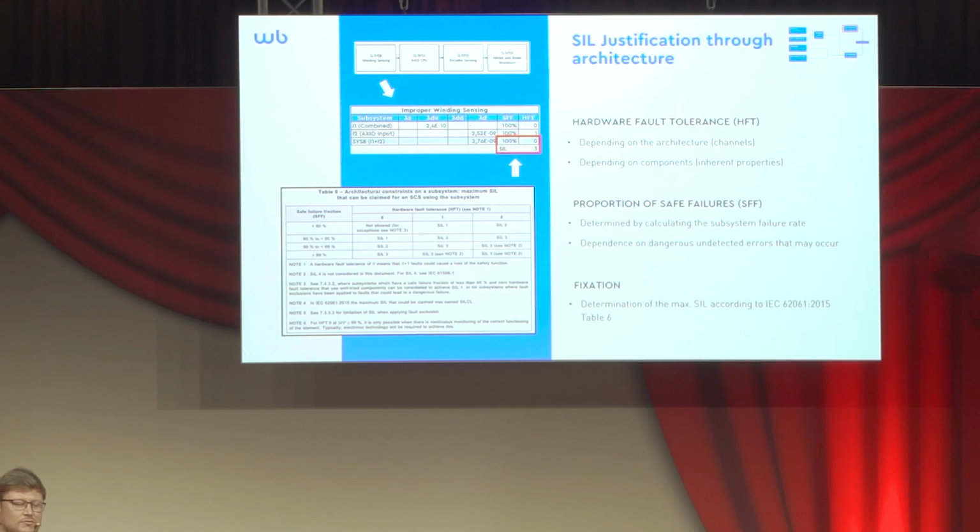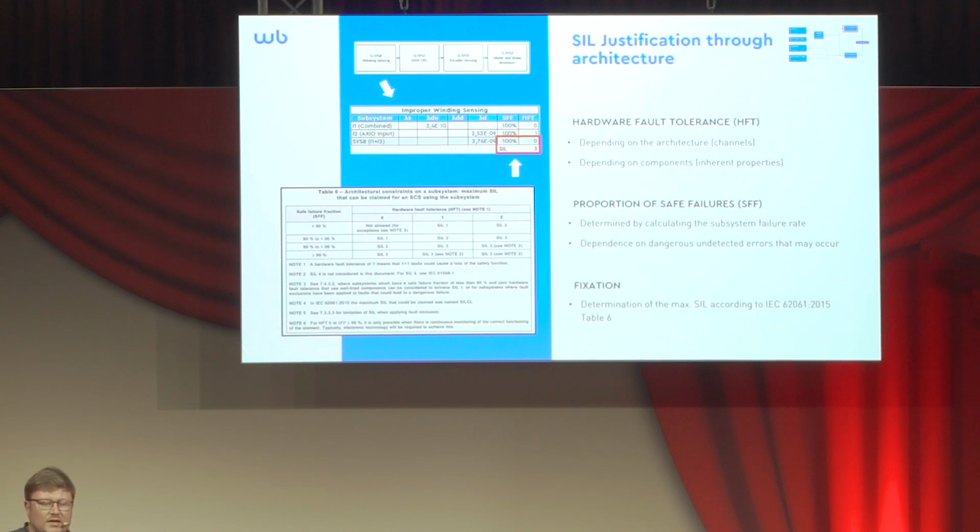And then we need to make the second step of the qualification. Basically, that's the justification through architecture. In this case, it depends more on the architecture itself. Do I have only one channel, or do I have two channels, and so on.